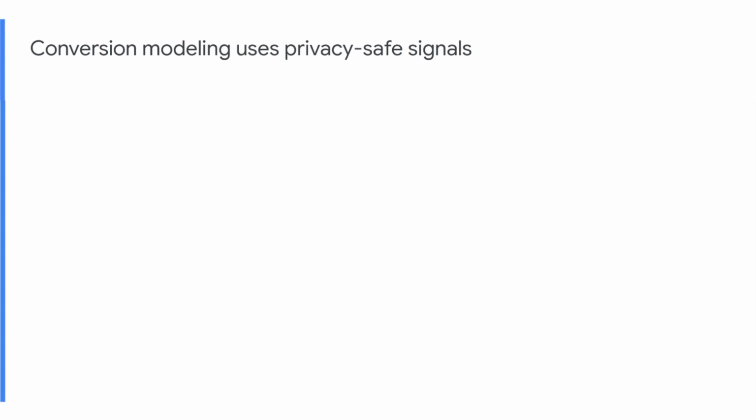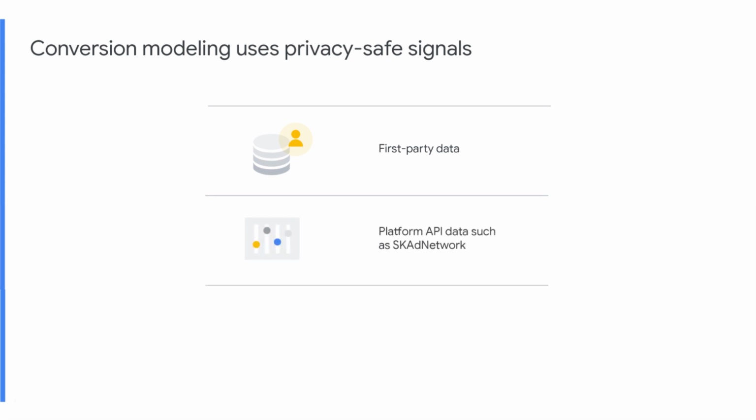Our conversion modeling technology is grounded in a diverse set of observable and privacy-safe signals, including first-party data like opted-in IDFA signals, data from platform APIs such as Apple's SKAdNetwork install and event signals, and lastly, similar datasets derived from aggregated behaviors and conversion patterns of users similar to those interacting with your ads.